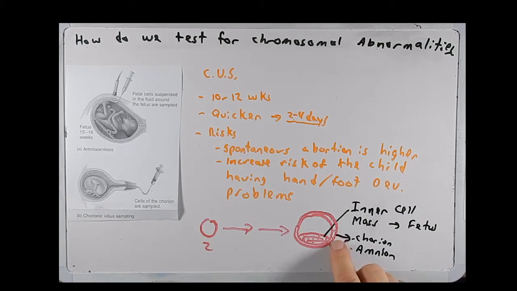So you could have one genotype, so to say, one chromosomal karyotype from this chorion and a different one in the inner cell mass. Again, it's rare, but it could lead to a false positive result, where you may say the child has Down syndrome, but in reality, the child doesn't have Down syndrome.